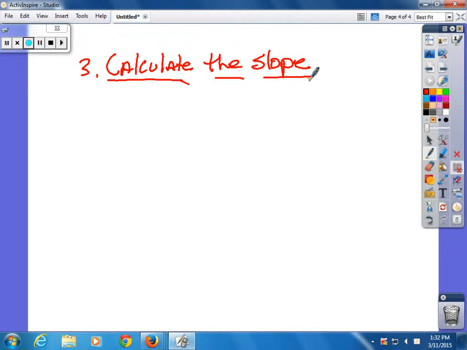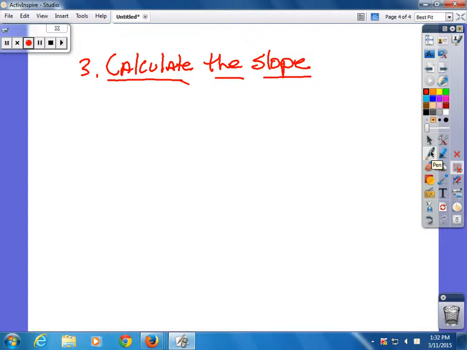Now, to calculate the slope, how do you know to calculate the slope? Well, one, the directions will say calculate the slope. It's not going to say find the slope. If it does, it's really not correct. Because finding is when you, what? You see it. Calculate is when you actually analytically or mathematically calculate it. So, how do you know?